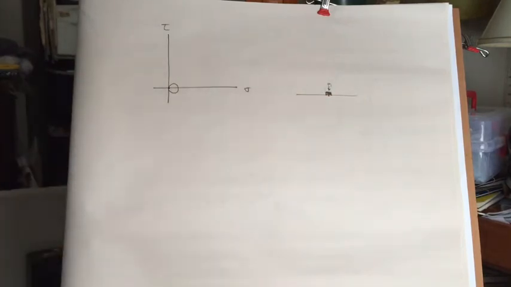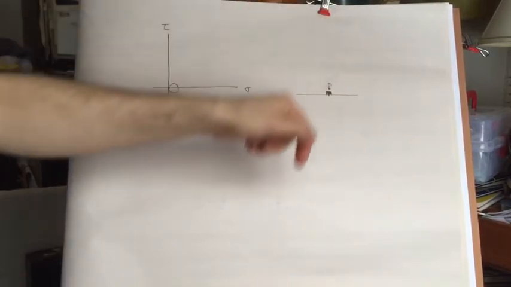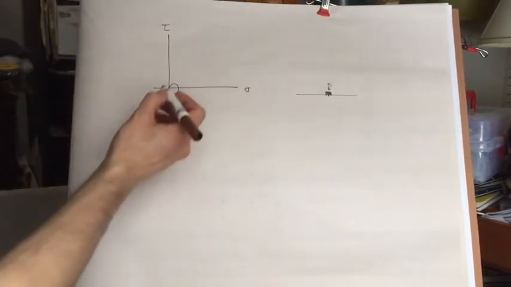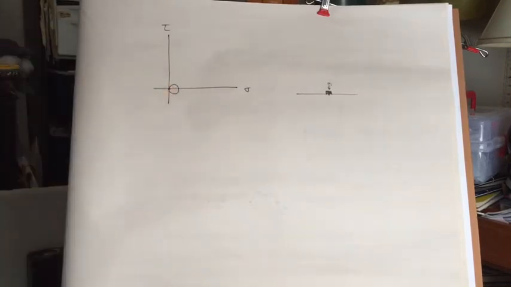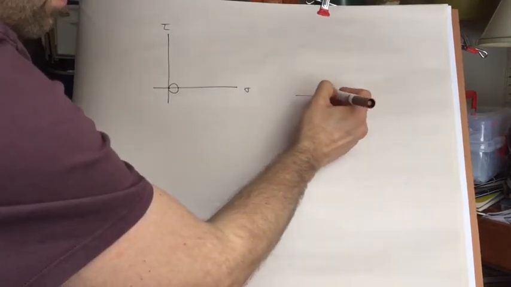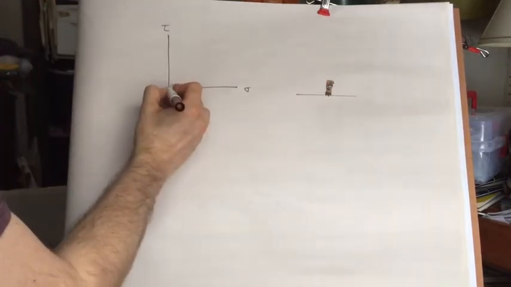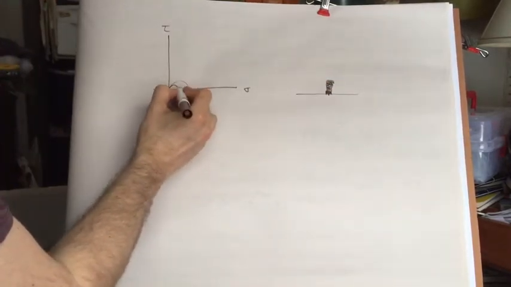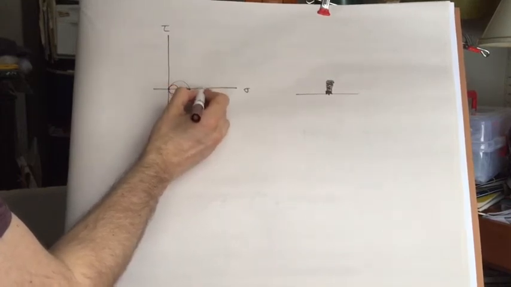So sigma 1 is the weight of that pushing down. And we can define that, so this would be our new little sigma 1 there. And if we were to continue adding more and more heavy stuff on top of this point, we would continue to move sigma 1 in this direction.